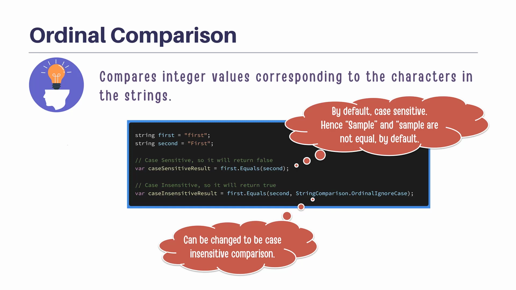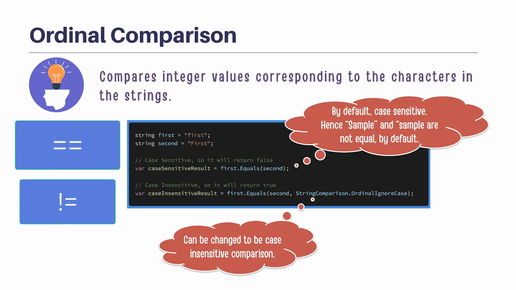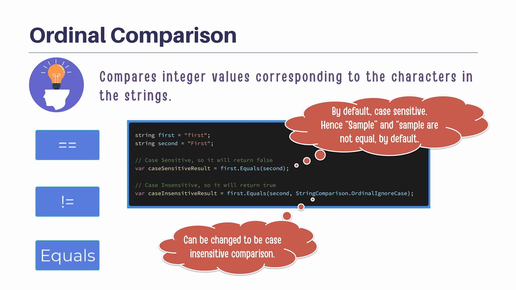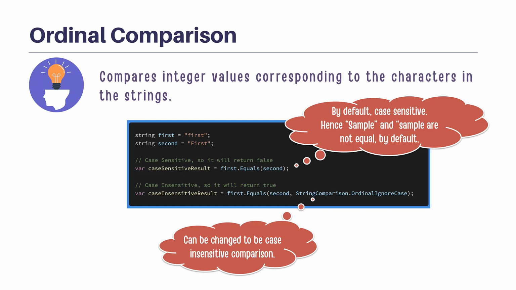The string equality operator, string inequality operator, and string.Equals method by default use ordinal case sensitive comparison. We already have seen how to use those operators in the previous section. Now, let's say we want to apply case insensitive ordinal comparison, then what should we do? For that, many methods provide additional overloads for comparing strings. For example, the string.Equals method also has an additional overload which takes a StringComparison enum as a parameter.